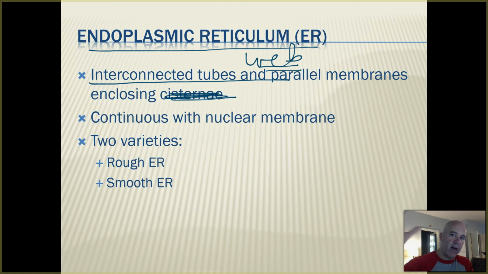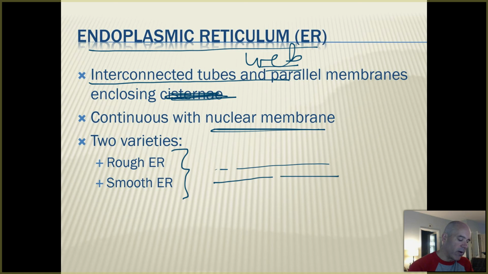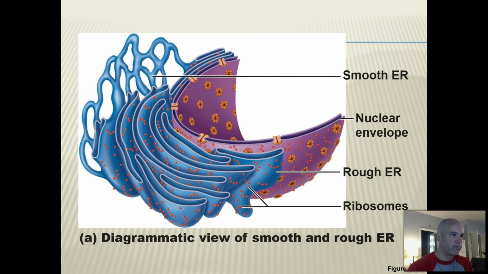The membrane of the ER blends in with the membrane surrounding the nucleus in a cell. And again, there are two varieties. Rough ER, that's the membrane of the rough ER. It has ribosomes attached to it that are building proteins. Smooth ER does not have ribosomes attached to it.